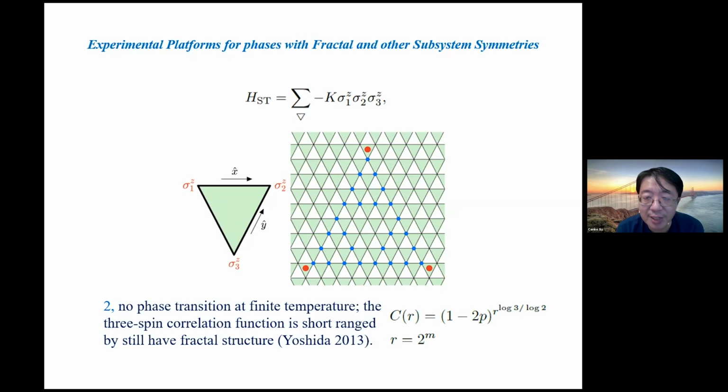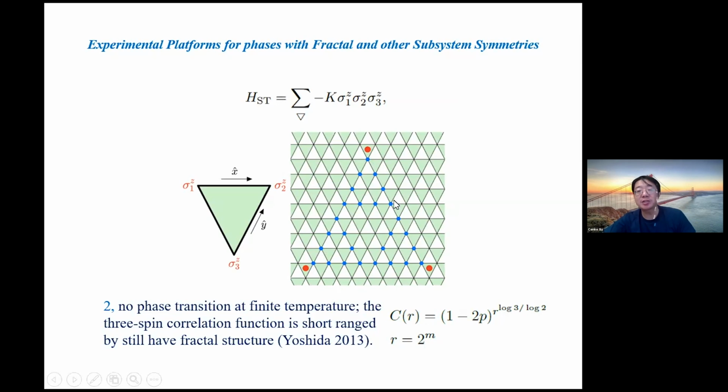So the result is that the 3-spin correlation function will decay like this. It's like an exponential decay, but actually it's faster than exponential because the power is log 3 over log 2. This is the spatial dimension of the Sierpinski triangle. And this three-point correlation is also only non-zero when the distance between the three spins satisfies this: 2 to the power m.